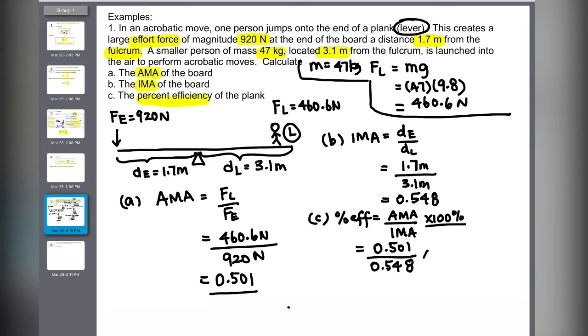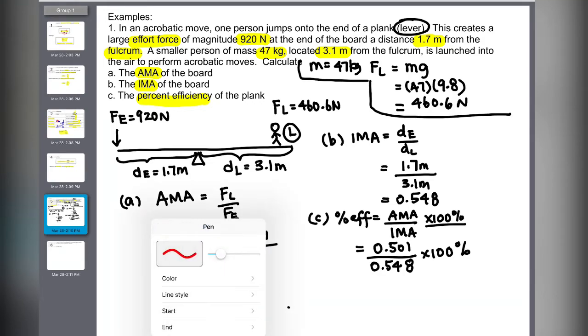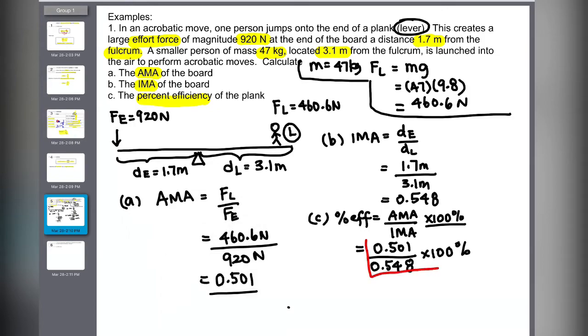You still have to copy this out, right? Times 100%. So punch it in the calculator. I still find that sometimes people have a hard time. You literally punch this in the calculator, and whatever that number is, is the percentage. So 0.501 divided by 0.548 times 100 is 91.4%. So that's the efficiency.